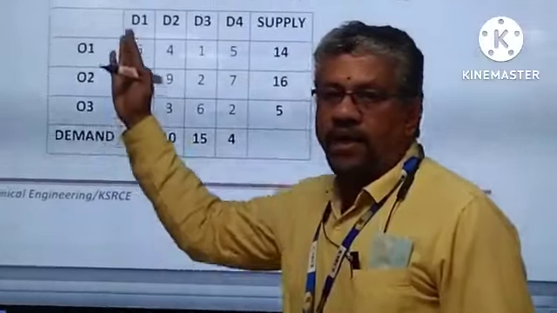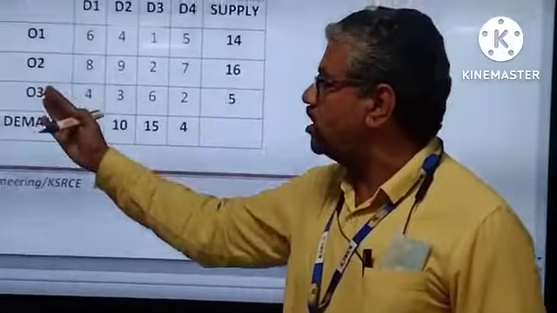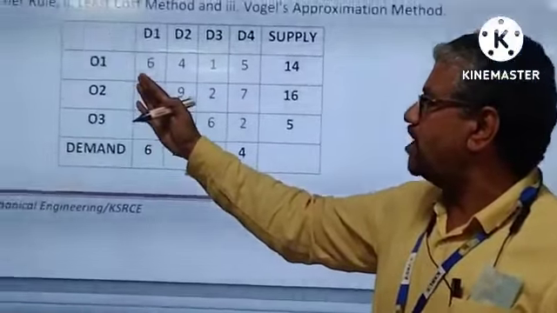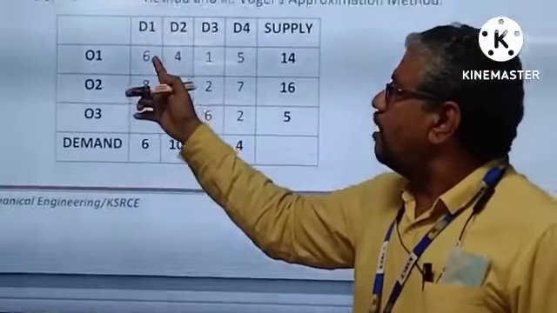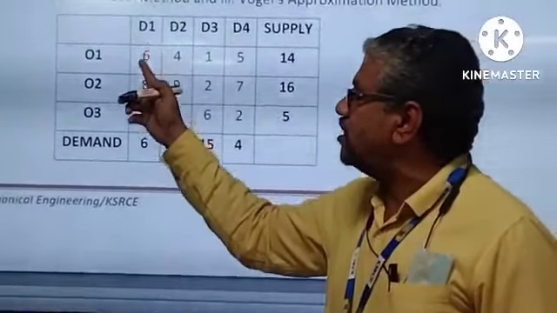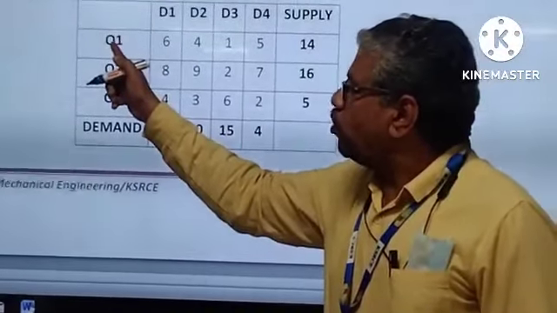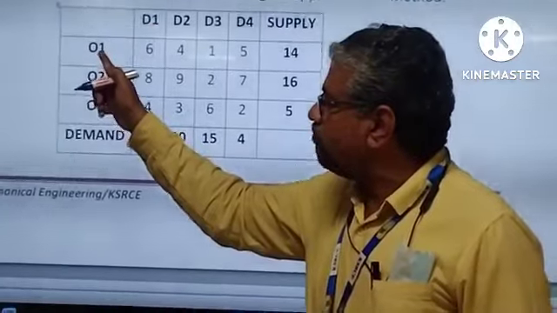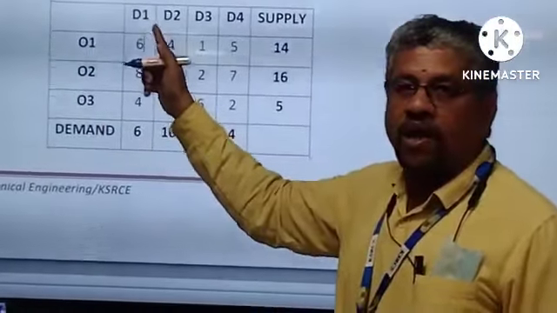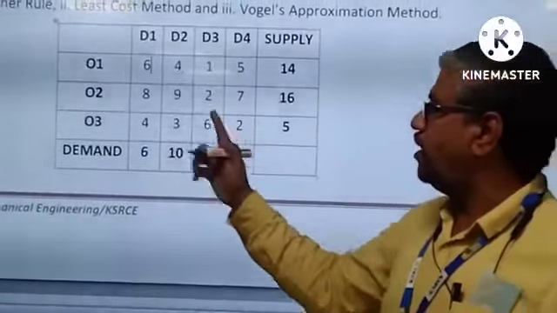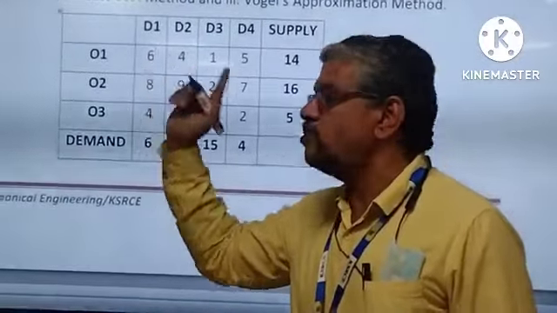There are 3 warehouses or 3 godowns or 3 origins from where you are going to dispatch the goods to 4 different destinations, for which it requires 6 rupees, which means this 6 means you are going to transfer the goods from origin 1 to destination 1 of a single commodity, that is the unit price is equal to 6 rupees.